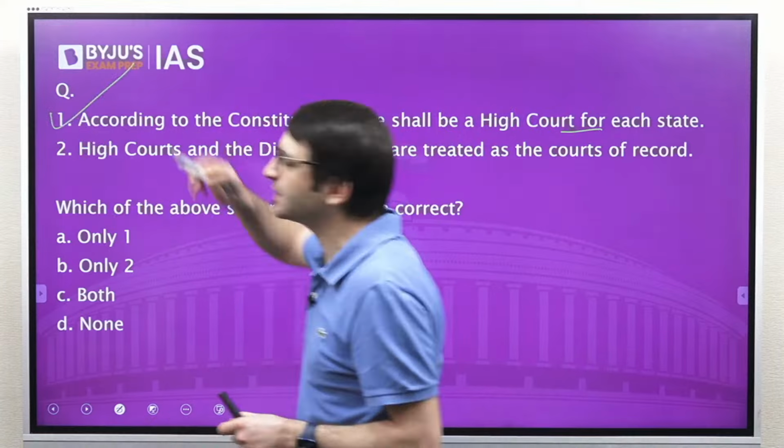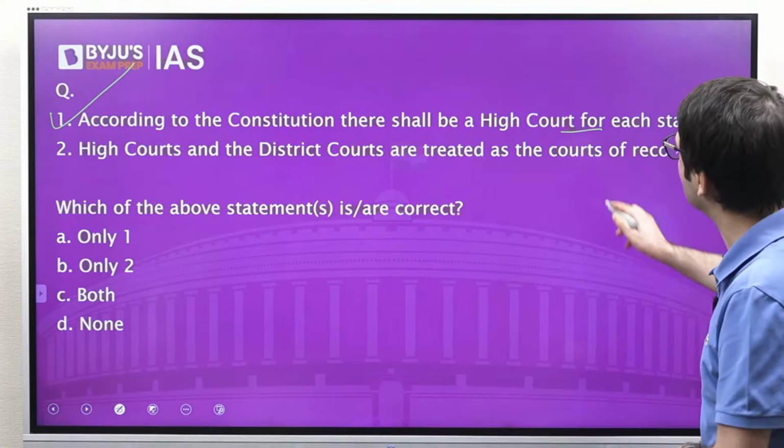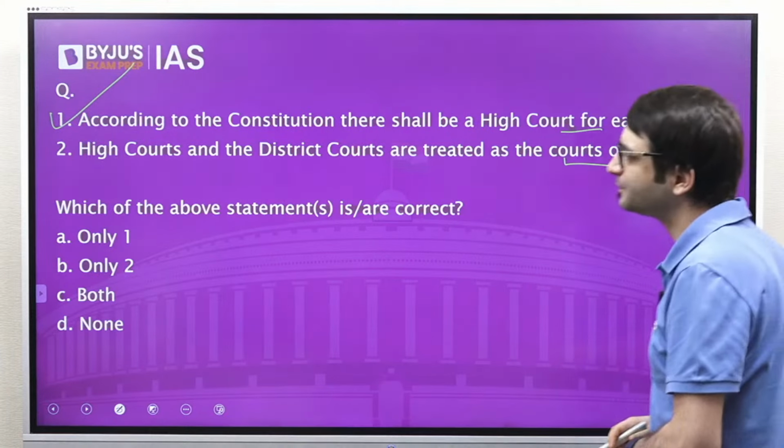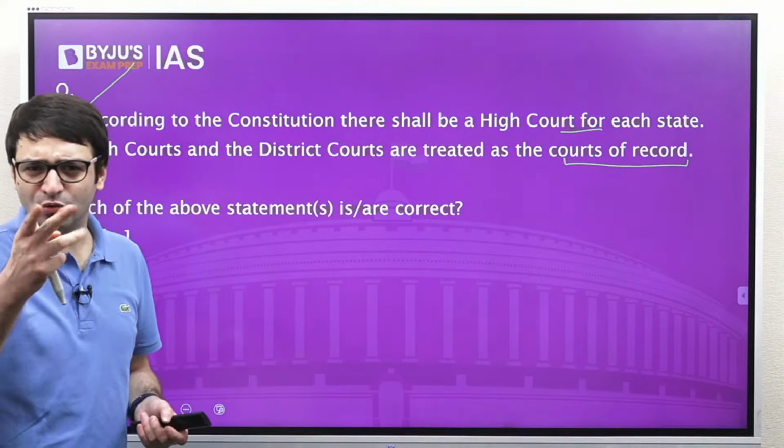So there shall be a High Court for each state. This statement is correct. High Courts and the district courts are treated as the courts of record. What is a court of record? There are various conditions. I'll tell you two conditions.